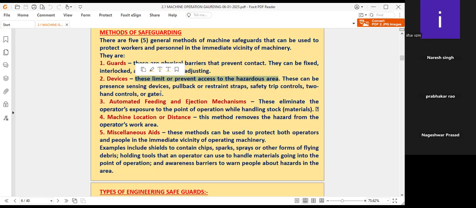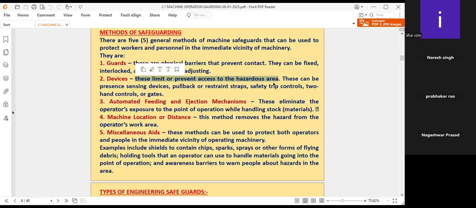Simple. The guard and equipment are interlocked. If the guard position and the bolts are not aligned, the device itself is stopped immediately. That means this device can limit or prevent access to the hazardous area, because the guard itself is taken care of by the machine. It will stop immediately.